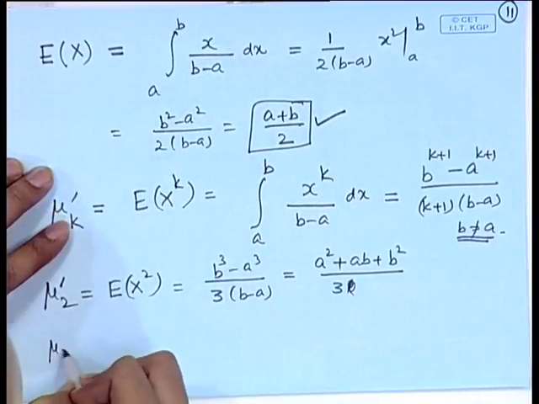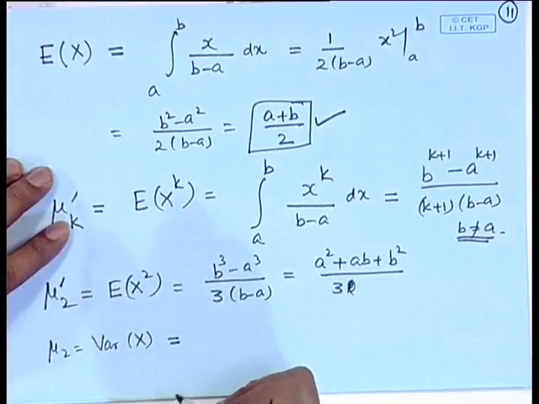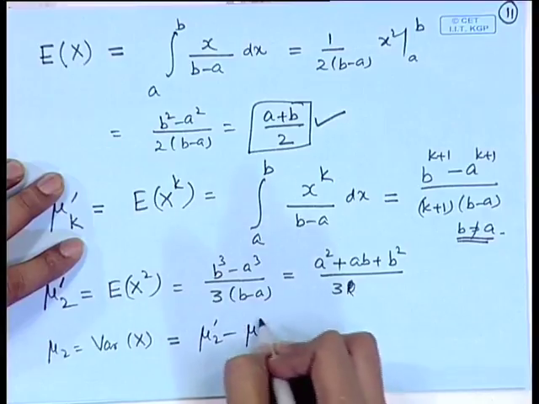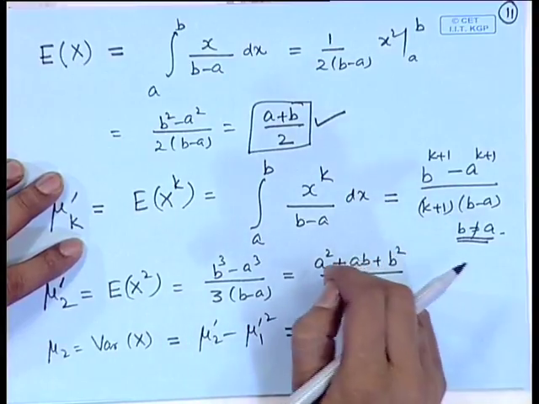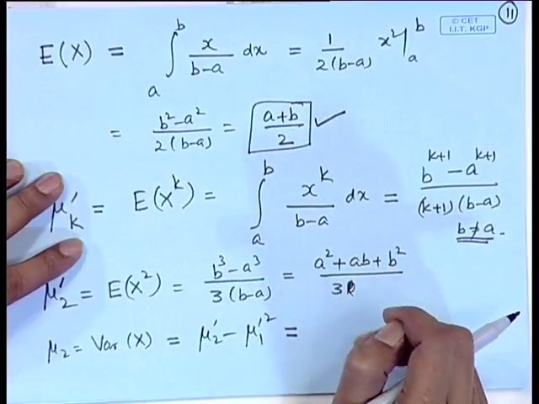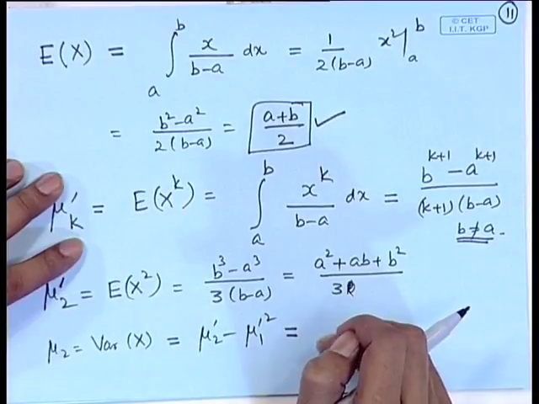So, the variance of the uniform distribution, that is mu 2 prime minus mu 1 prime square, is a square plus a b plus b square by 3 minus a plus b whole square by 4.